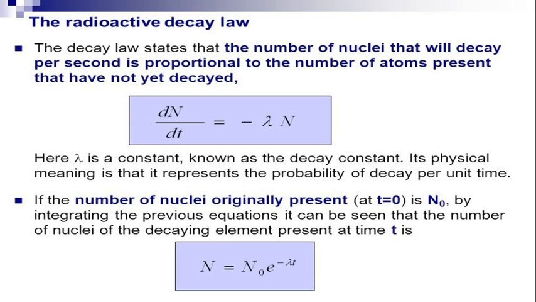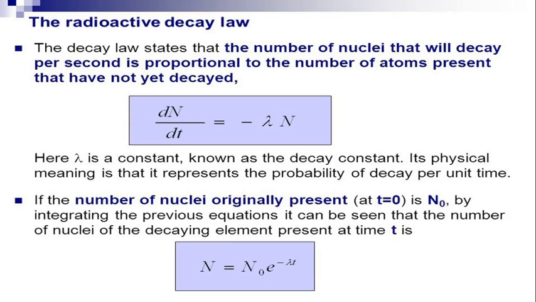So, if N represents the nuclei in a radioactive sample at a given instant, dN by dt gives you the rate of decay. This dN by dt is directly proportional to the number of nuclei present at that instant. So we can write dN by dt is directly proportional to N.